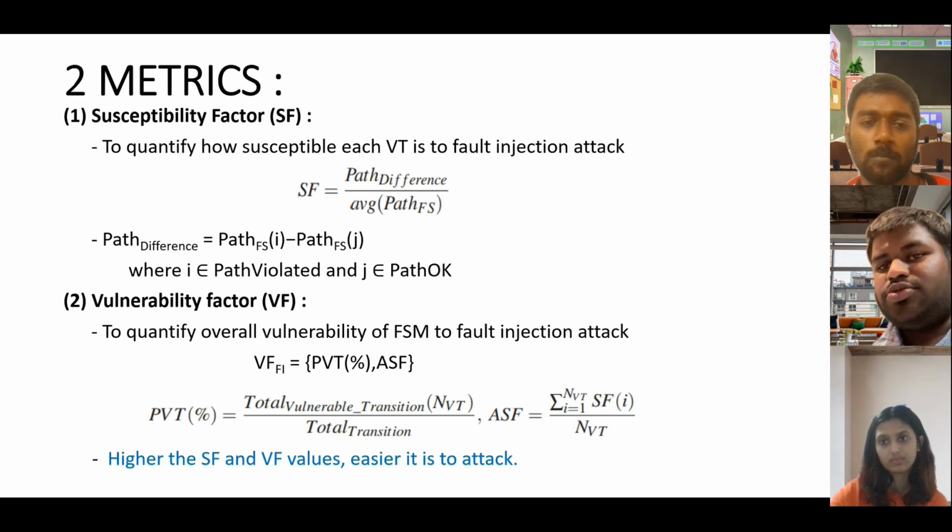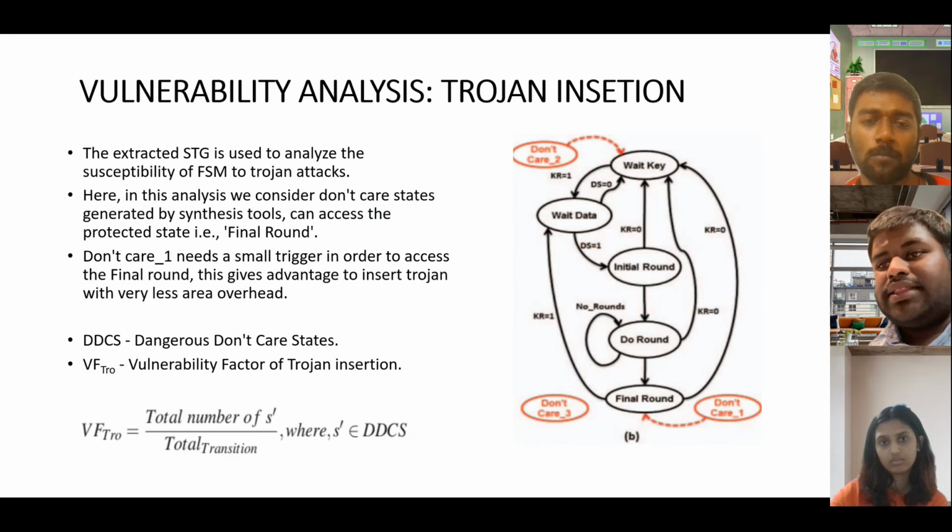Then we have two quantitative metrics to identify the ease of attacking: the susceptibility factor and the vulnerability factor. If both the values are high, it means it's very easy and very prone to attack. Then comes the Trojan insertion. As mentioned, there are many don't care states which can enter into any of the states.